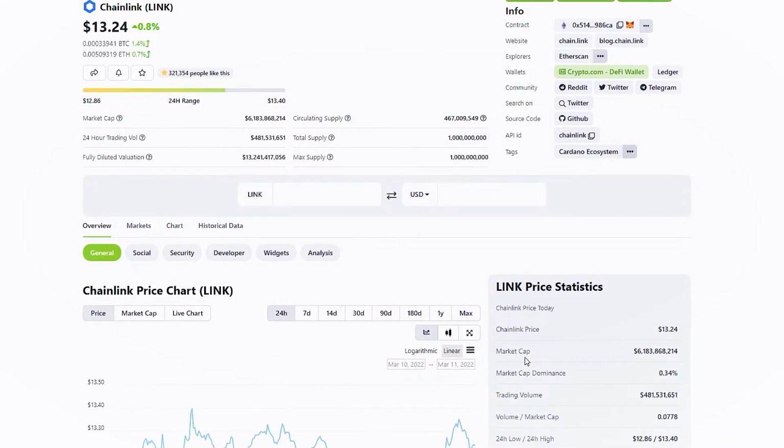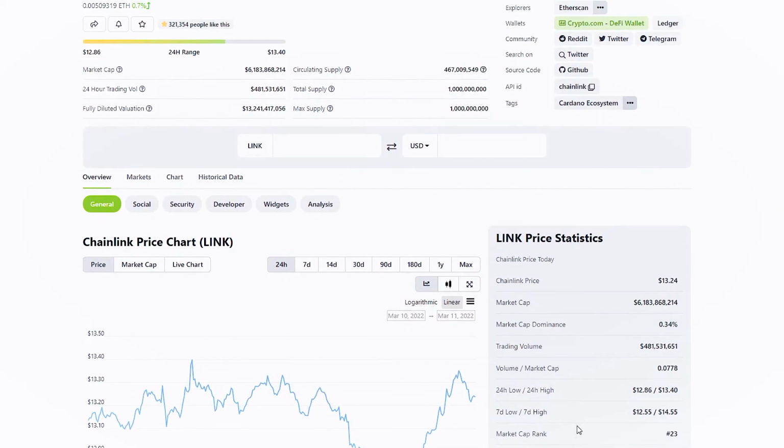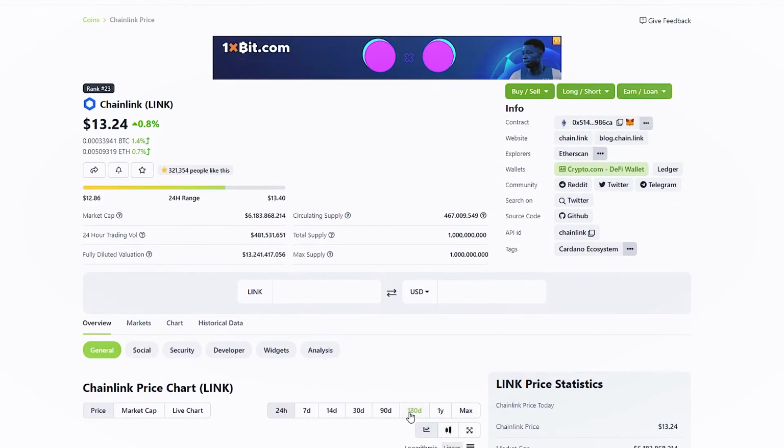We can see it here. The current circulating supply is at 467 million and the max supply is at 1 billion. So the market cap is at 6.184 billion with the fully diluted valuation at 13.24 billion.